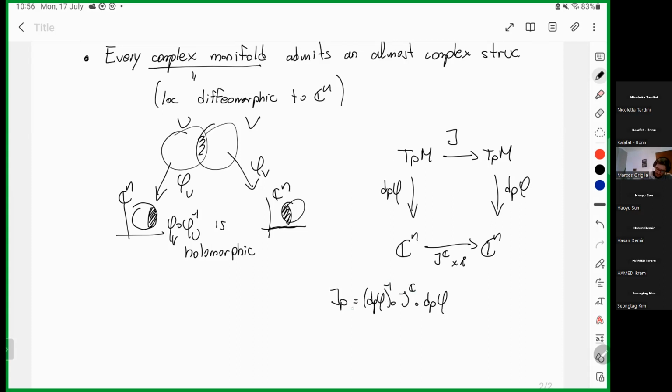So you can check that this J_p satisfies the condition such that the square is minus the identity. So for M a complex manifold, there is a canonical way to induce an almost complex structure. So the question now is, can we go back?